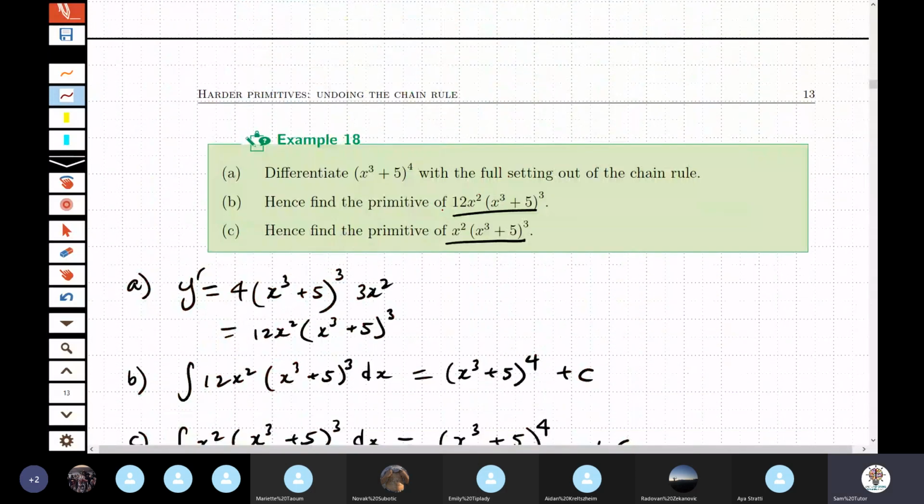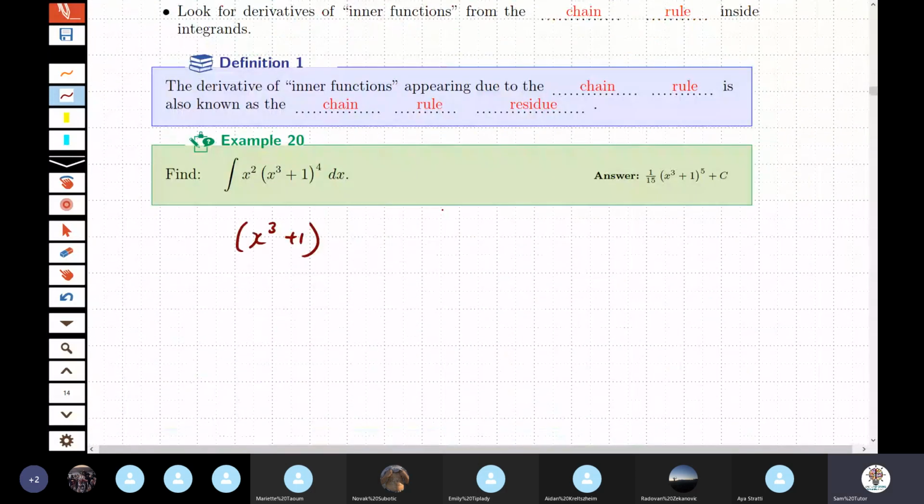If we all agree with that, then we know I can't integrate directly, because it's a product rule and not linear. So I can't actually integrate.